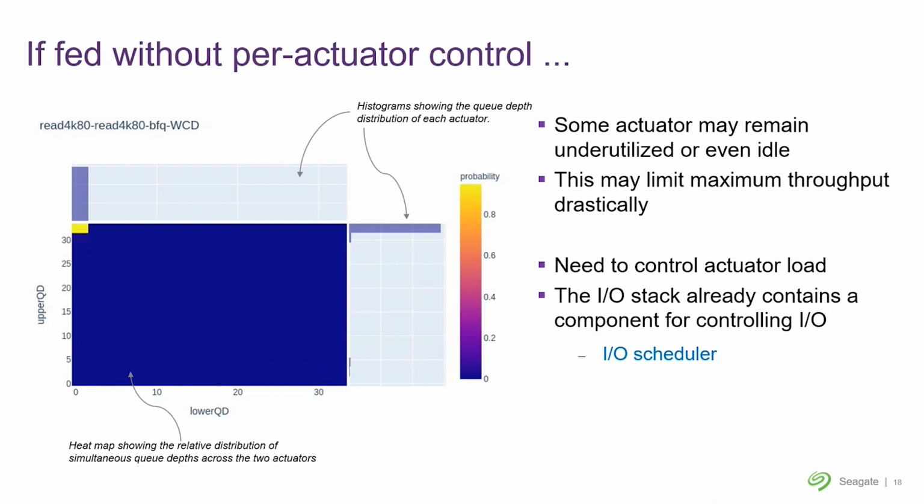And this is running an FIO script. We aren't purposely sending imbalanced workloads, and we've done testing with that, but this isn't it. We're feeding both actuators the same amount of work. So there's a need to control actuator load, and the ideal place to do this is the IO scheduler, which can sort and prioritize work if that IO scheduler can see the full view of both actuators.